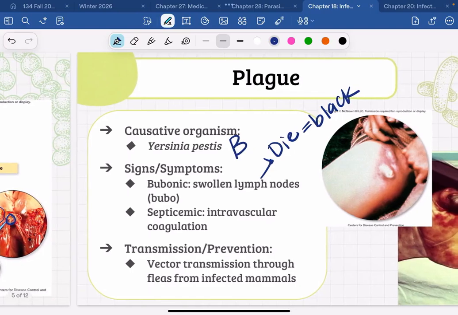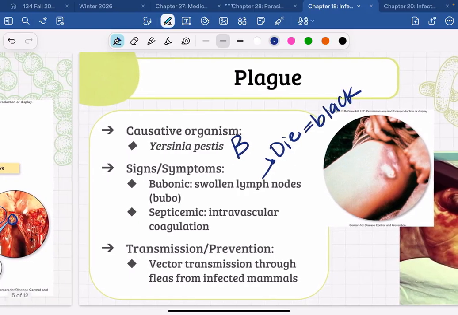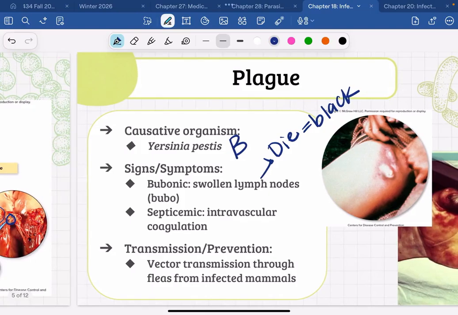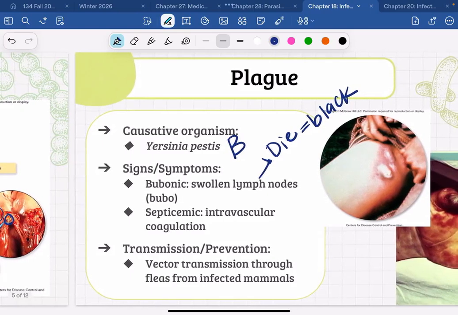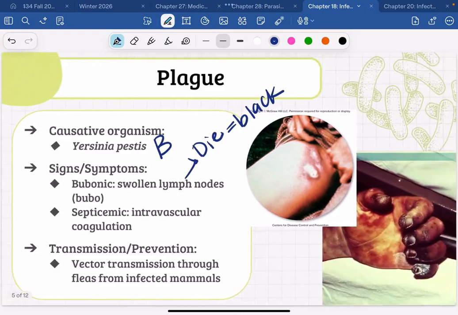And it causes that intravascular coagulation, which we talked about last time when we talked about meningitis. That's when all of your blood clots inside of your body, and those little clots inside your blood vessels block blood flow to the rest of your body.